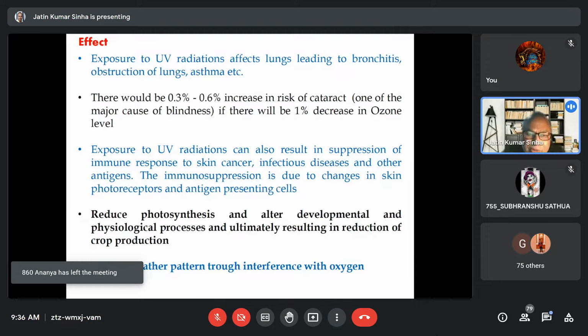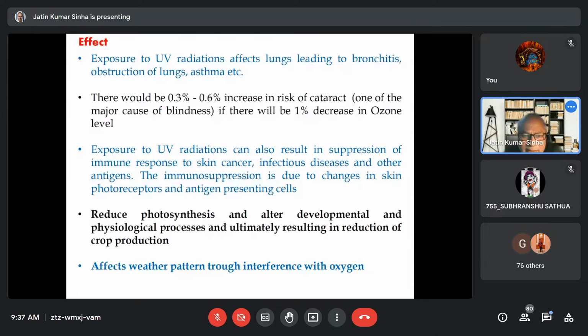Exposure to UV radiation can also result in suppression of the immune response of the skin. Obviously, if your skin is exposed to UV radiation, we may get different types of skin diseases. Out of these, skin cancer is also possible, and you may have different types of allergic reactions in your skin. Also, there is reduced photosynthesis and altered developmental and physiological processes, ultimately resulting in reduction of crop production.